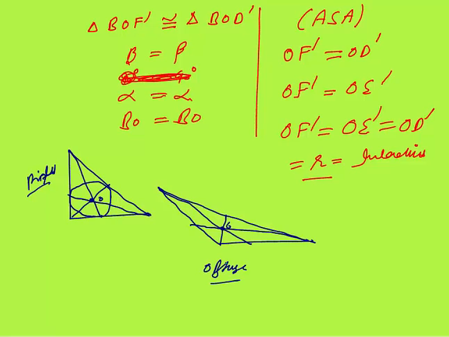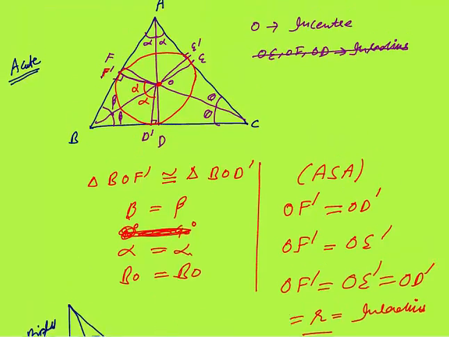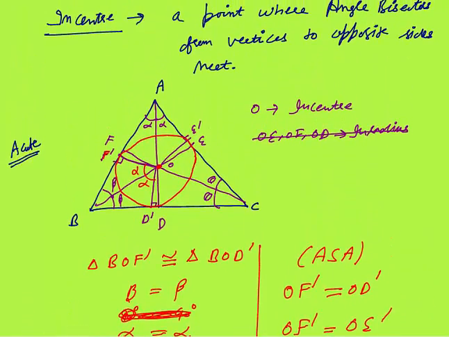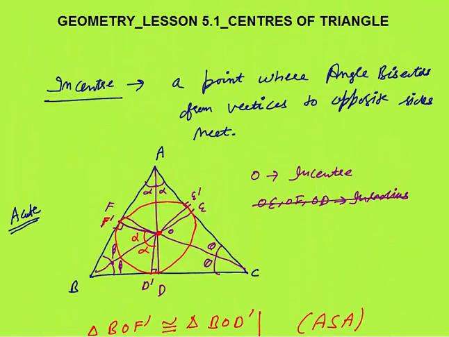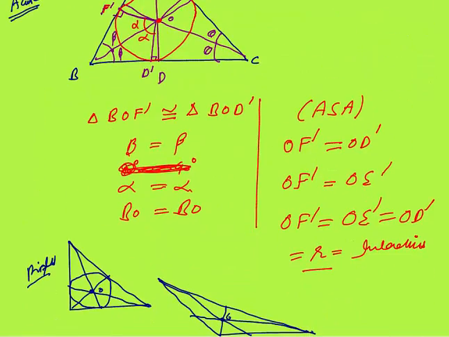The important property here is that the incenter will make the incircle. With that center you can draw the circle, and that circle will touch all three sides of the triangle, and there will be an inradius, called small r.